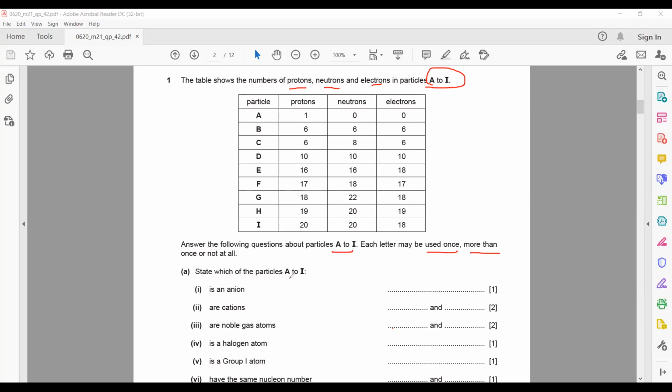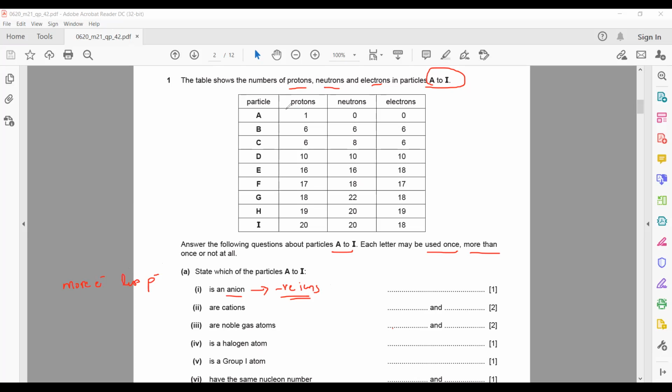In the first part, they're asking which particle is an anion. Anion means the negative ion. Negative ions are also known as anion. So if a particle is an anion, it will have more electrons and less protons.